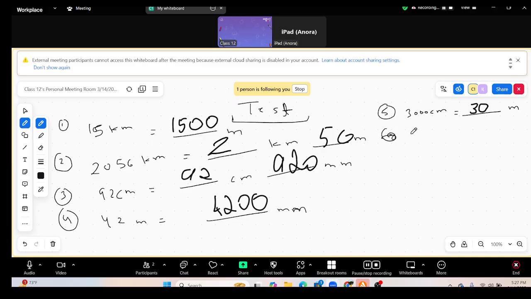Okay, now you have to compare. Easy peasy lemon squeezy. I want you to make each and every topic easy.